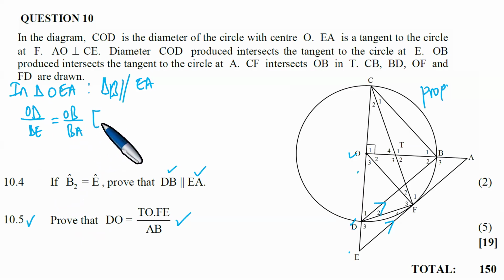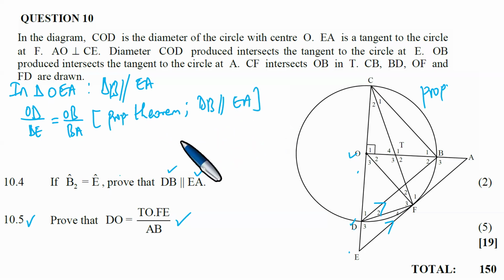There are two ways to state this. We just say the prop theorem, then the examiners will know very well. If you just say prop theorem to mean proportionality theorem with DB parallel to EA. And then you can cross multiply and make DE the subject.